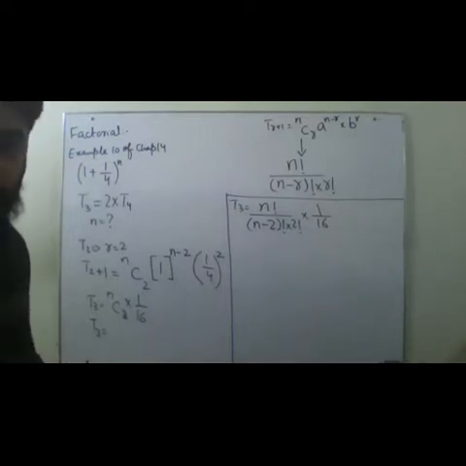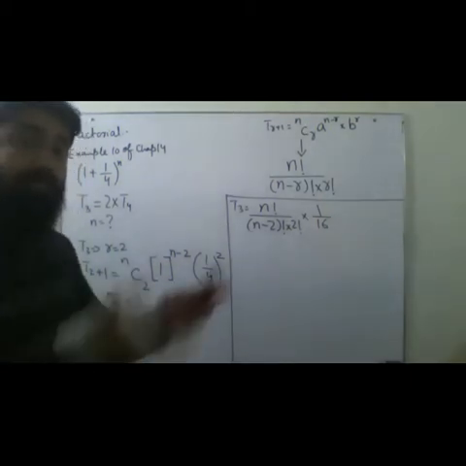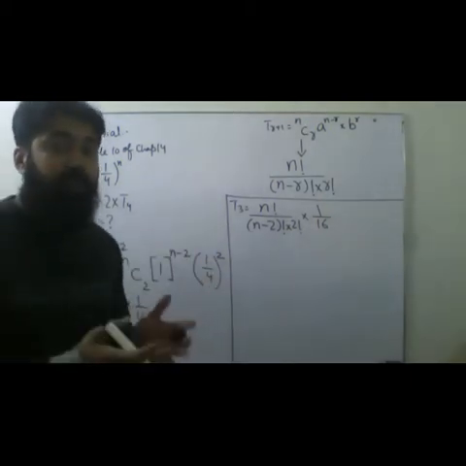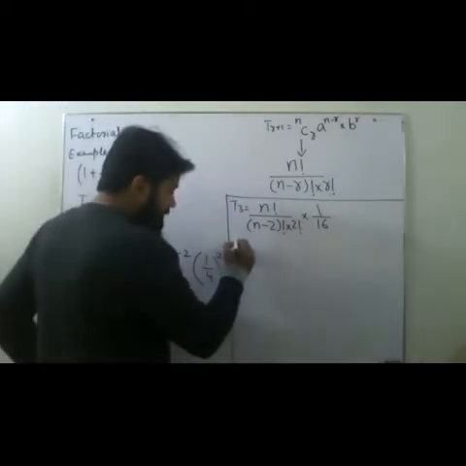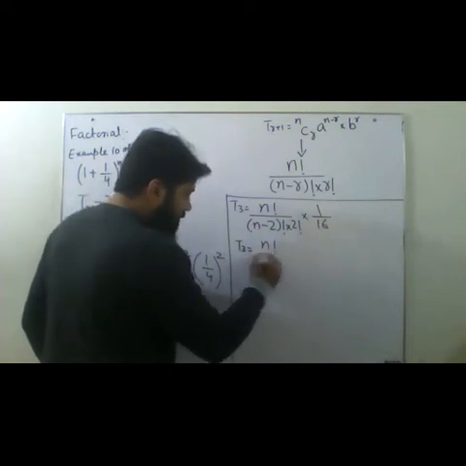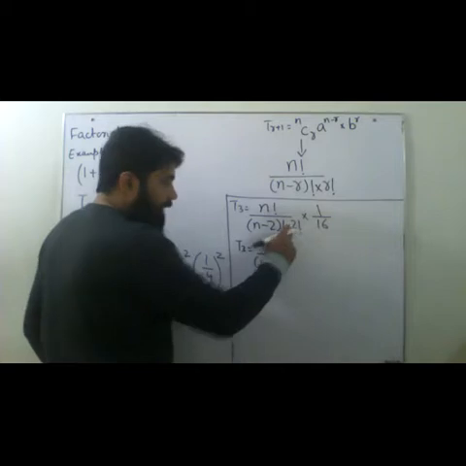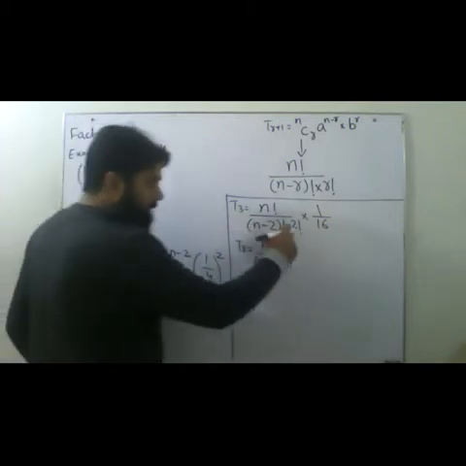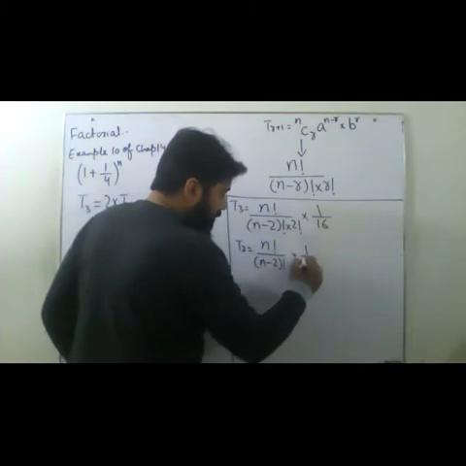After this, now comes the part in which we have done the factorial concept. I'm going to apply it. See, T3 equals to n factorial over n minus 2 factorial. 2 factorial will be equal to 2, and multiplied by 16, this will come 1 over 32.